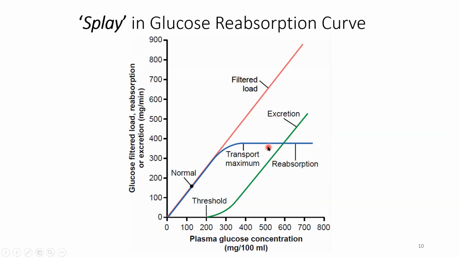Before I explain the reabsorptive splay here, let me discuss and just get this out of the way: the excretion curve, the last curve here. The green curve is the excretion curve. You will notice that the green curve is not starting from zero, and it's rather obvious.